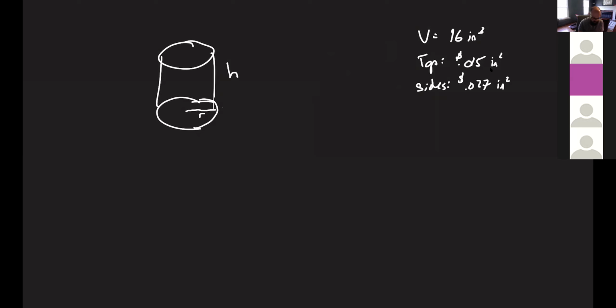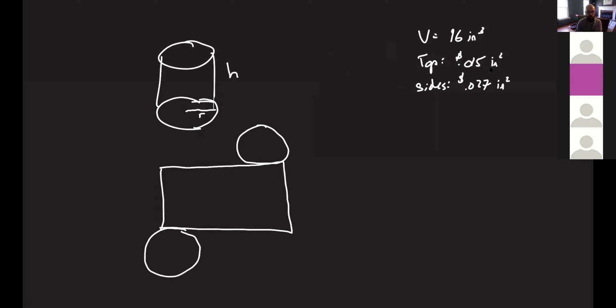Sometimes when you think about problems like this, you try to think about a net of your 3D object. So if I were to unfold my can and lay it flat, it might look something like this. You can imagine rolling up that rectangle and then putting the lids on the top and the bottom to get your can.